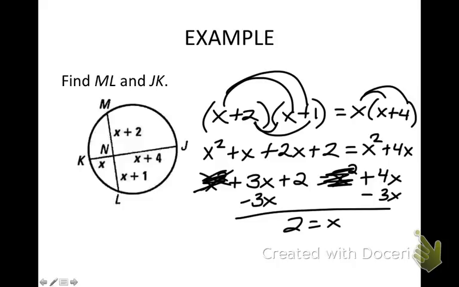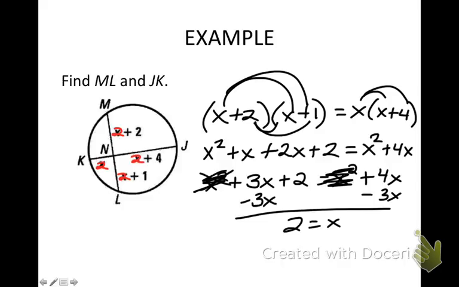But I'm not done. I need to find the length of ML and the length of JK. So we just said that x is 2. So wherever I see an x, I'm going to put a 2. So the length of ML, well, the top half is 2 plus 2, so 4.